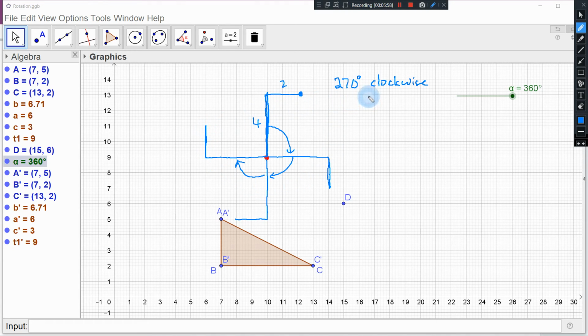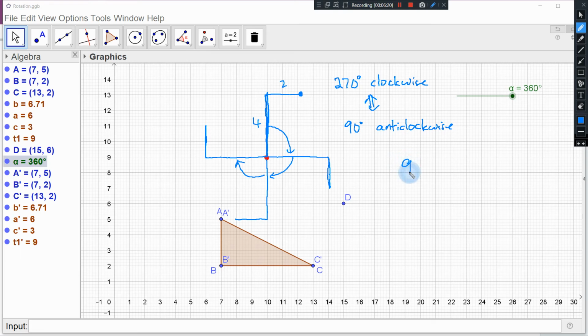It's actually the same thing as 90 degrees anti-clockwise. If you rotate 90 degrees anti-clockwise to go here, it's the same thing. Remember, 270 degrees clockwise is the same as 90 degrees anti-clockwise.